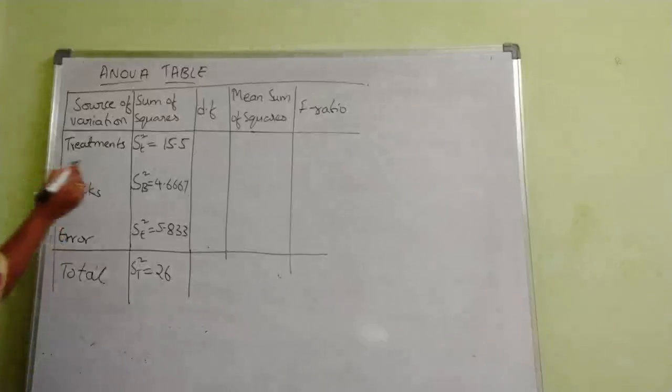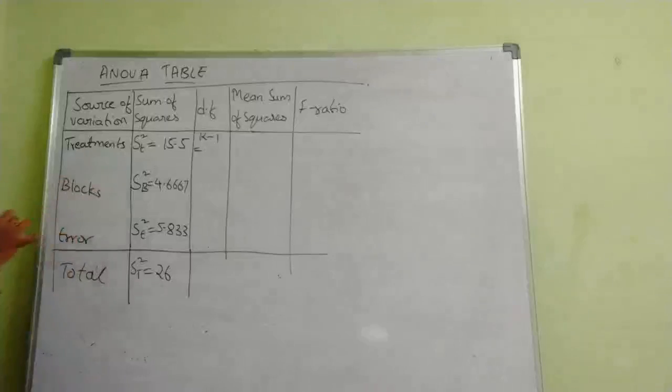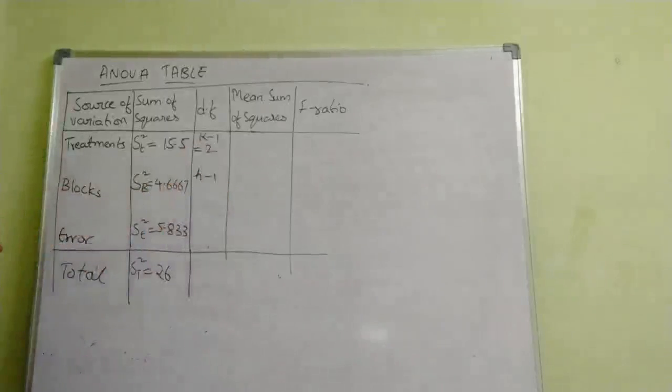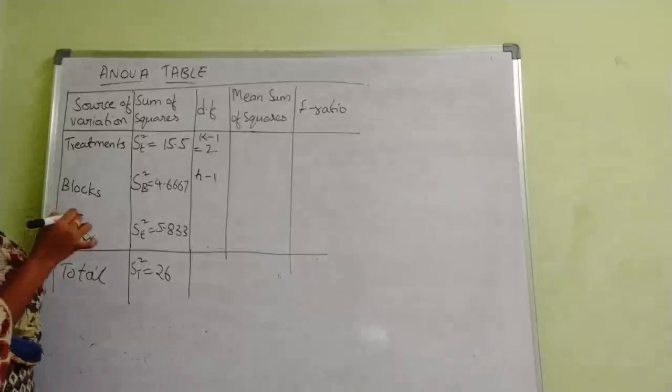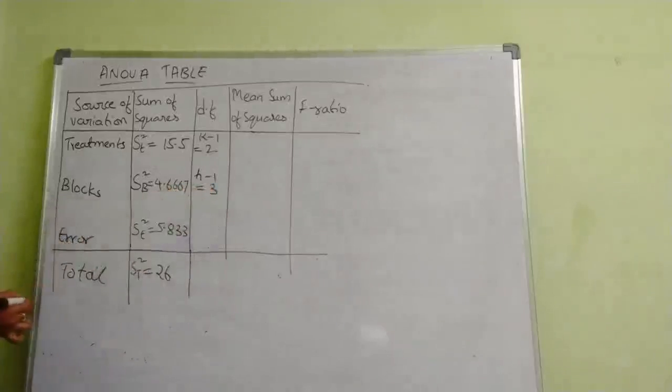For treatment, the degrees of freedom is K minus 1. There are 3 treatments, so 3 minus 1 equals 2. For blocks, the degrees of freedom is H minus 1, so 4 blocks, 4 minus 1 equals 3.